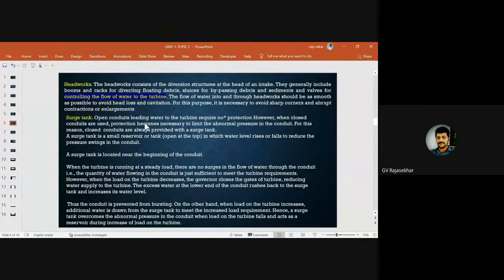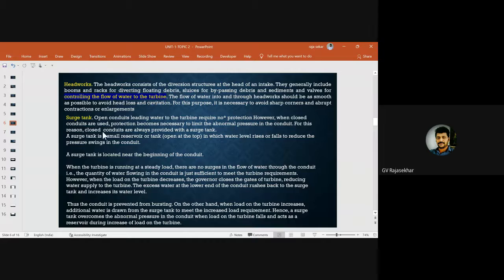When we are directly sending water to the turbine, there won't be any problem. But when you are sending through closed penstocks, it becomes necessary to limit the abnormal pressure in the conduit. So when we start sending water through the penstock, we need to control the pressure inside the penstocks.